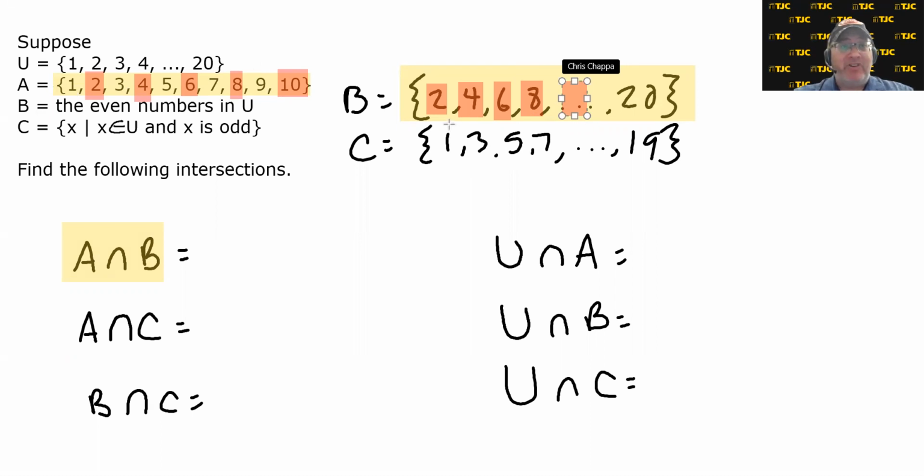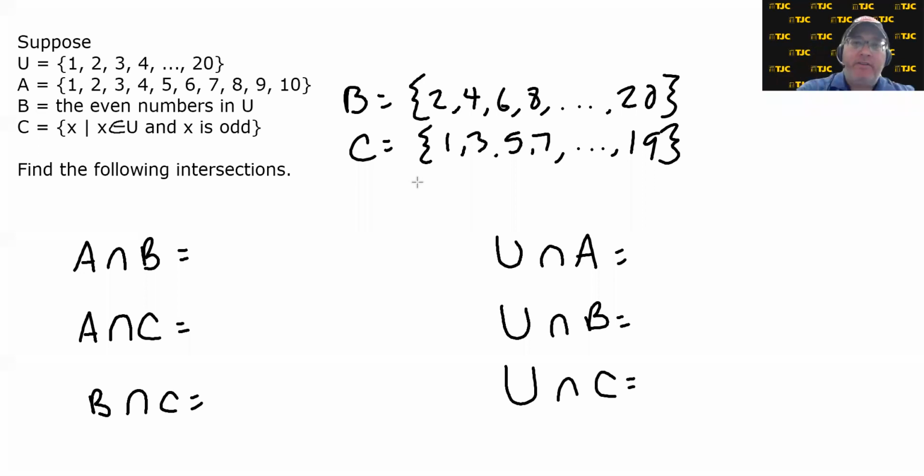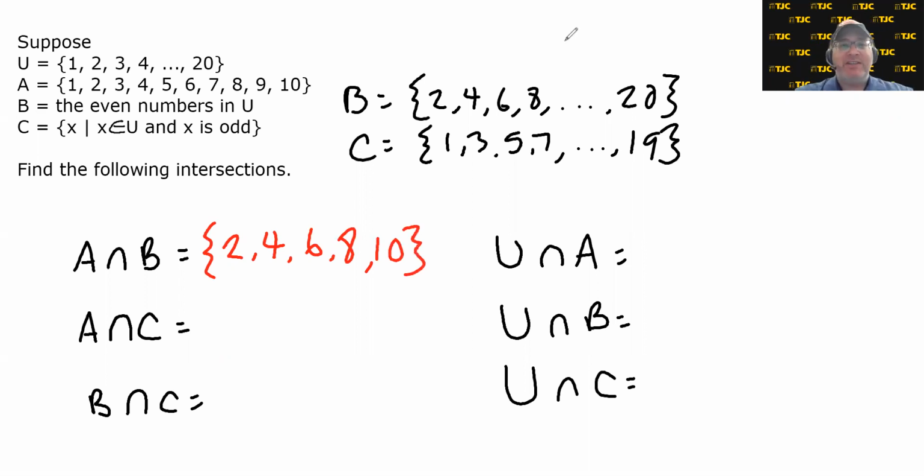So the only numbers they have in common are 2, 4, 6, 8, and 10, and that would be their intersection. So the intersection of A and B, we'll put the answers in red, are 2, 4, 6, 8, and 10. We've made a new set from 2 previous sets by finding what they have in common.